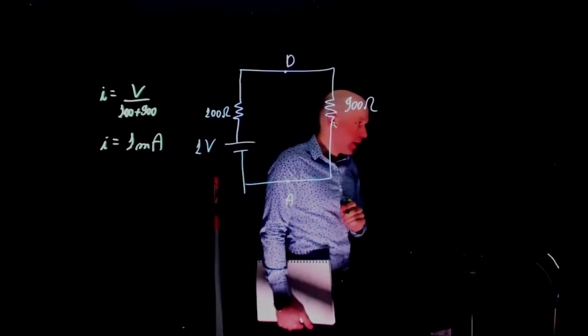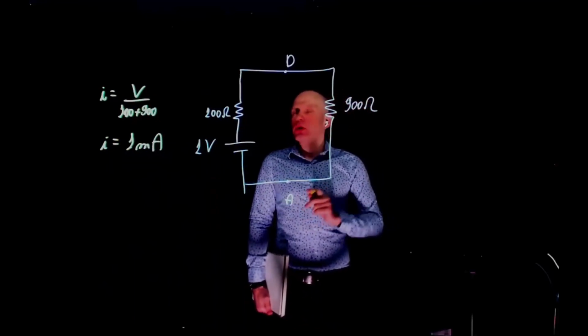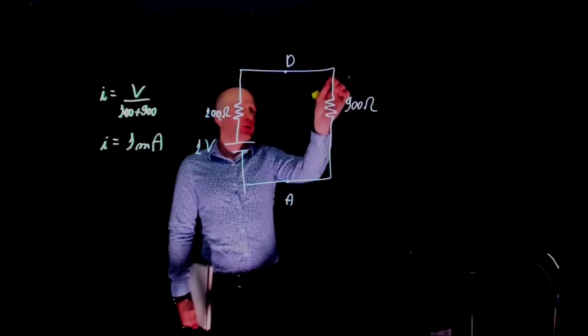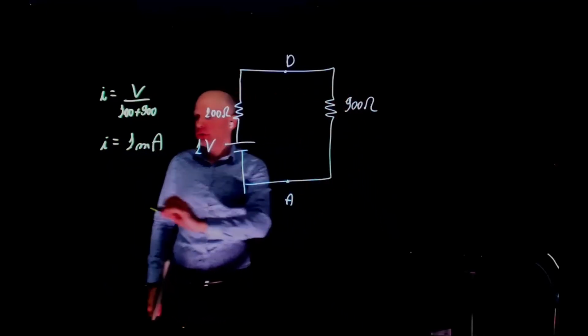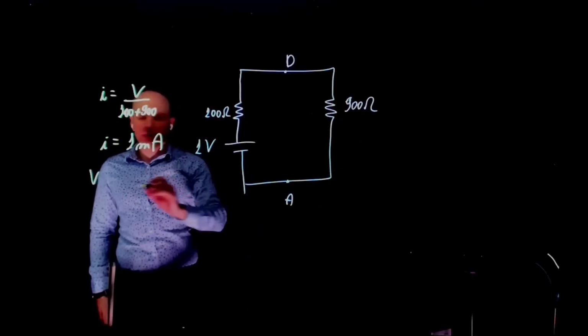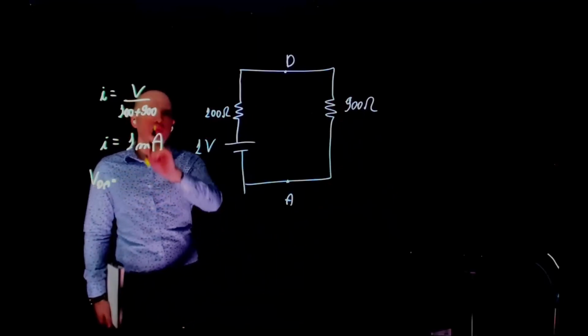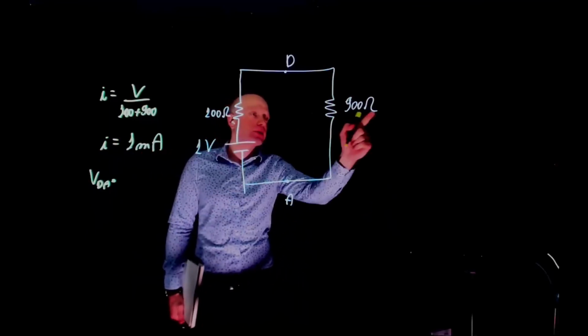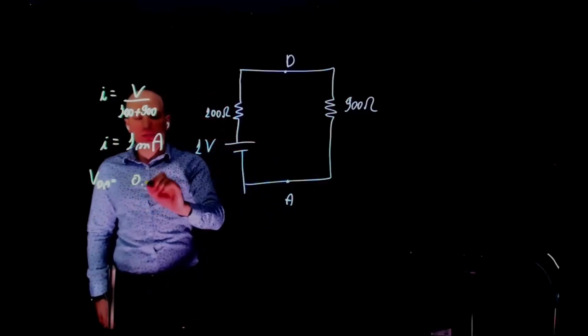Okay, 1 milliamp. If the current is 1 milliamp, what is the voltage across this resistor? So the voltage across that resistor is 1 milliamp times 900 ohms, that is 0.9 volts.